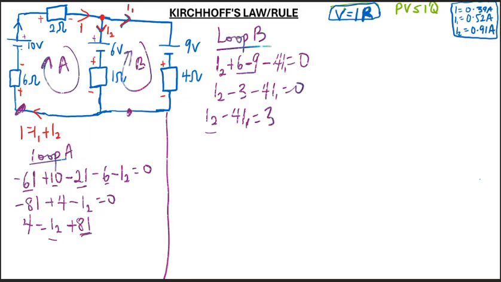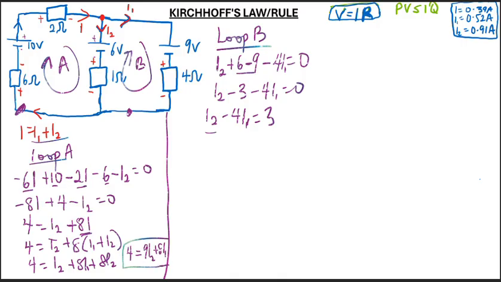Then I'm going to change this I, and I is I1 plus I2, so I will have 8 into brackets I1 plus I2, and I will have 4 equals to I2 plus 8I1 plus 8I2. And by the time I get this, I will have my 4 equals to 9I2 plus 8I1.